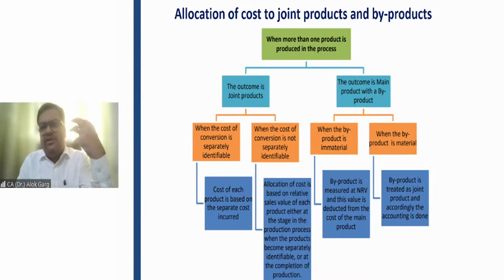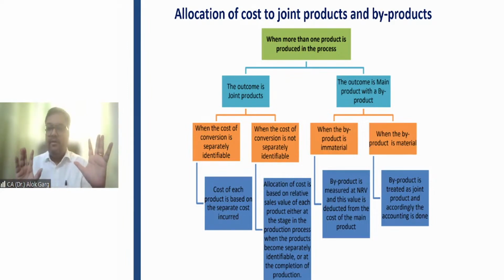If the joint product has a significant value, it means the cost of the joint product has to be measured separately. If I produce petrol, I have to work out the cost of production of petrol, because when I sell the petrol, if I am aware of my cost, then only I will be able to determine the sale price, right?